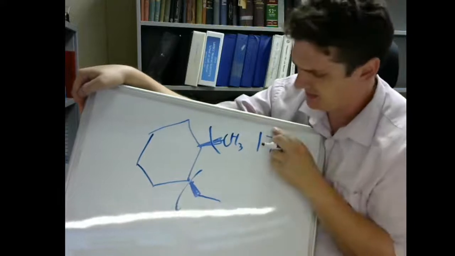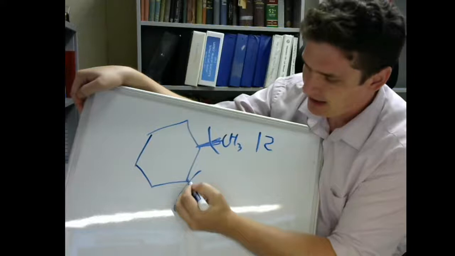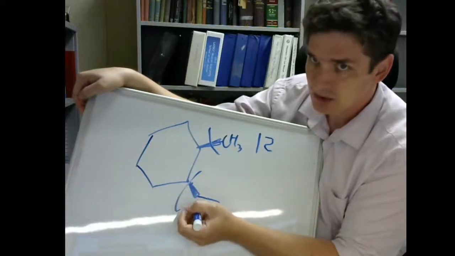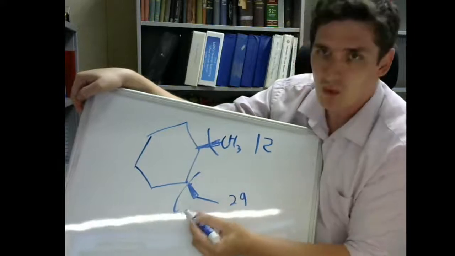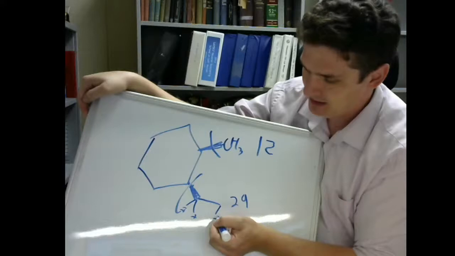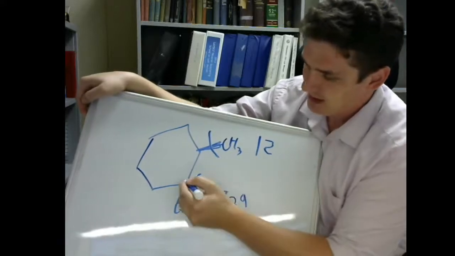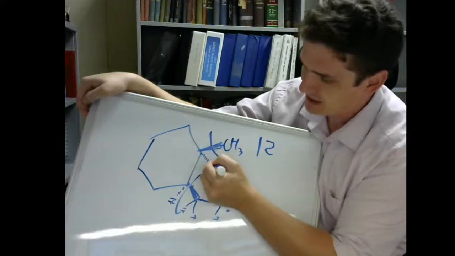Yeah, not 17, 15. This weighs 15, and we've got 14 plus 15 gives us 29. While they're not shown here, this has hydrogen sticking off of it, and this has hydrogen sticking off of it. There's also hydrogens coming off the opposite sides.